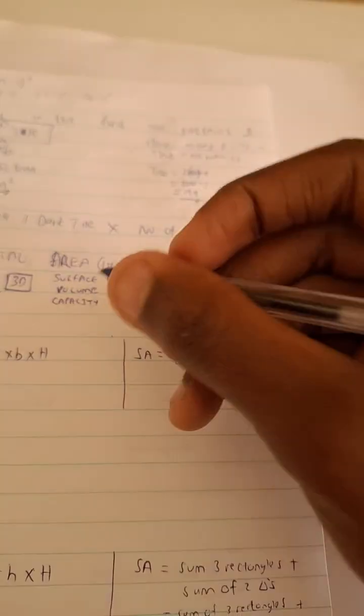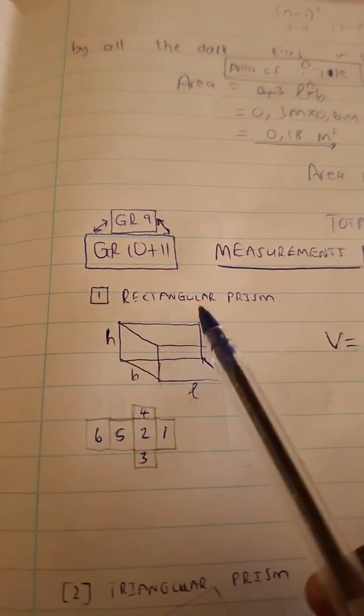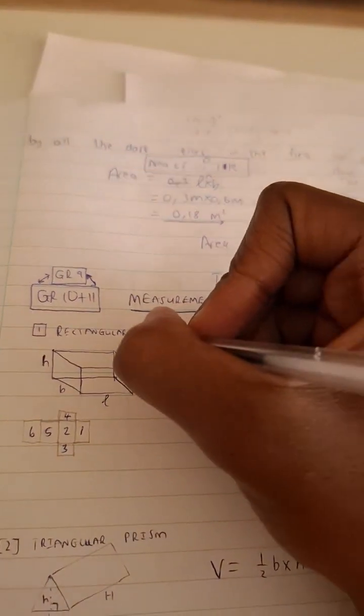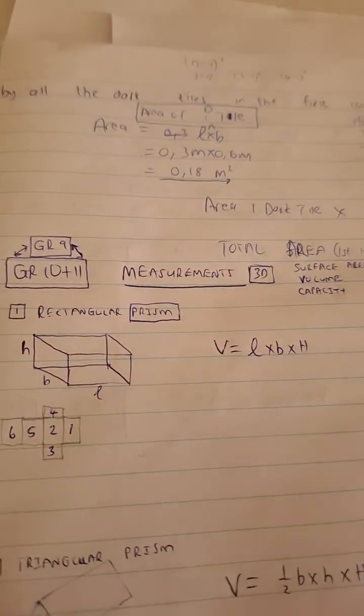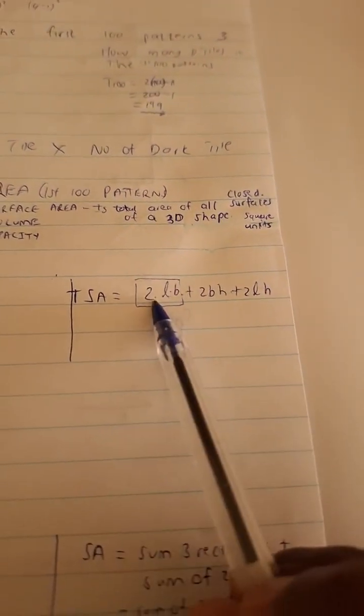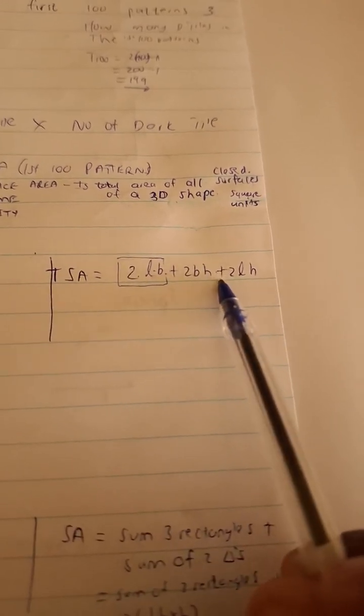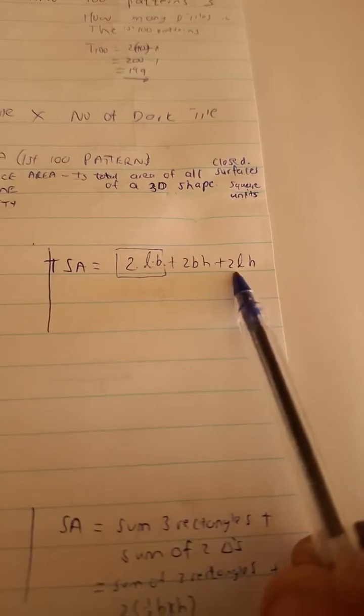This here is the total surface area of a rectangular prism. This is the formula: 2 length times breadth plus 2 breadth times height plus 2 length times height.